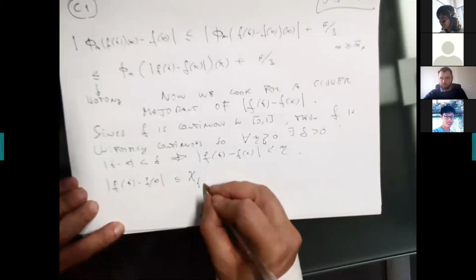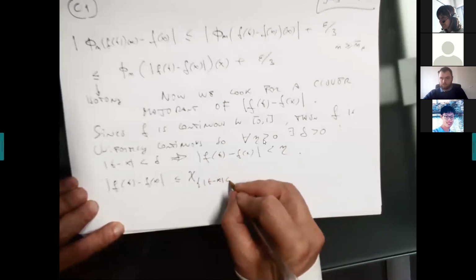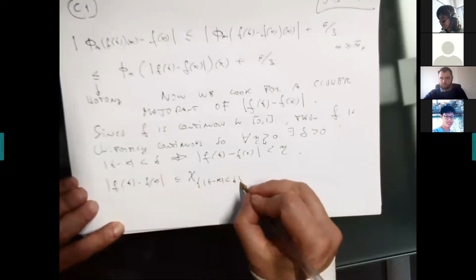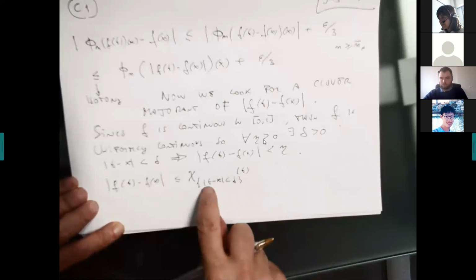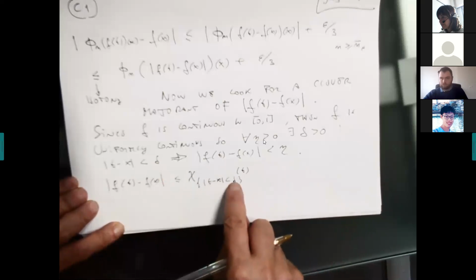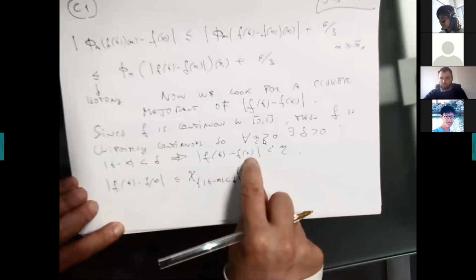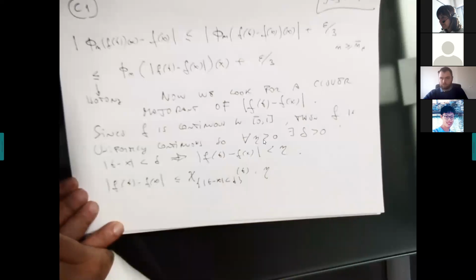So the set is |t minus x| bounded by this delta. You see? So when |t minus x| is bounded by delta, then this difference is bounded by epsilon. So I can put epsilon.